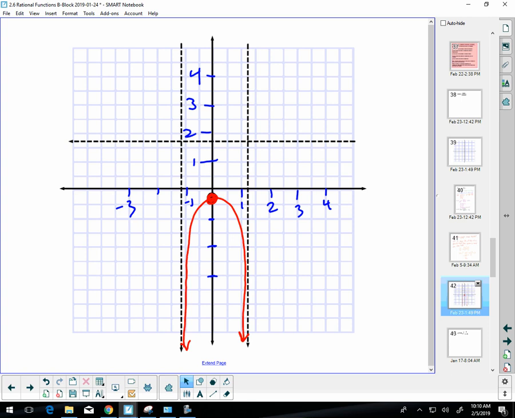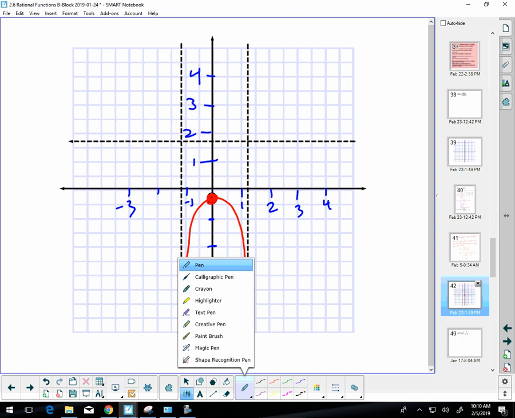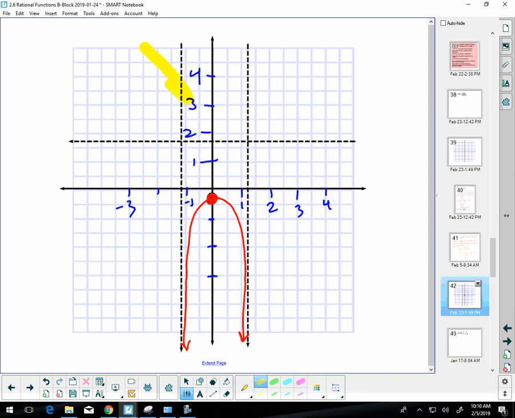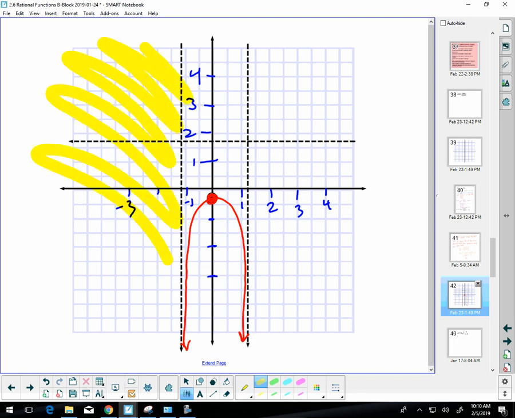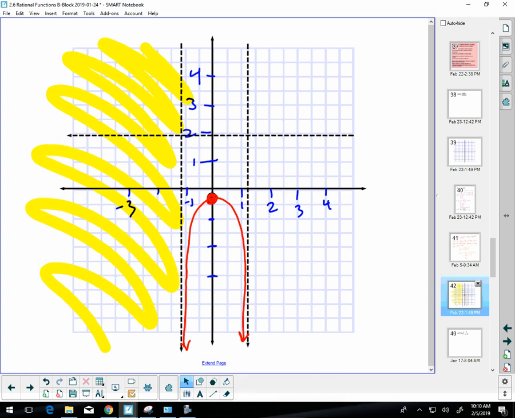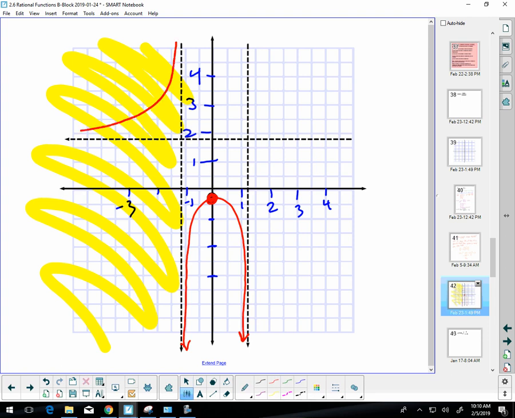For the other parts of the graph, the left side and the right side, in this particular case, I can logically think my way through it. Over here, this half plane, what's going on? Well, remember that I'm not going to cross the vertical asymptote. I am not going to cross the x-axis, which means the only option is that my graph will exist here.